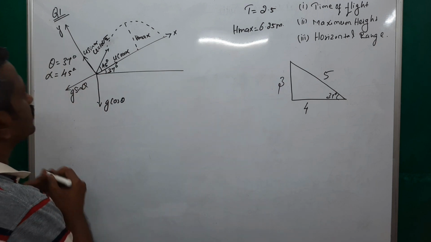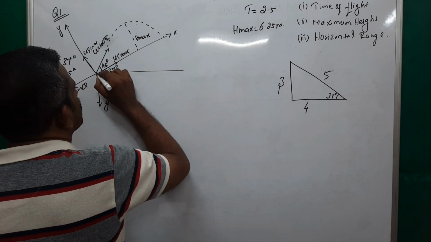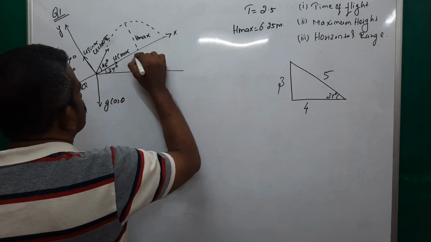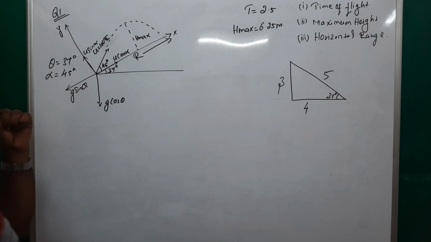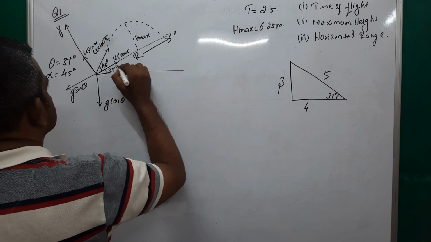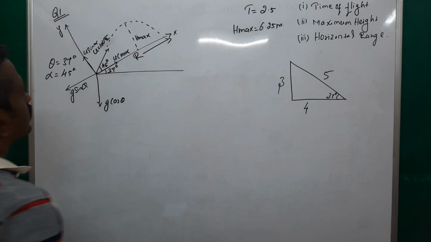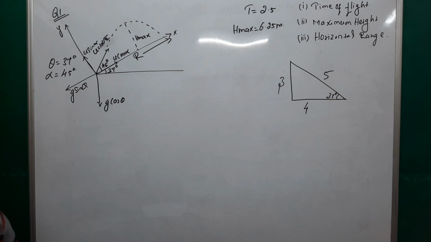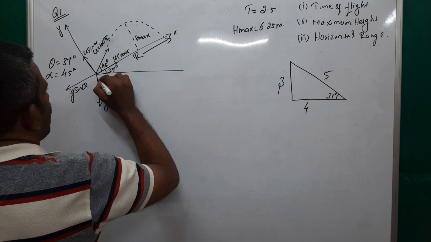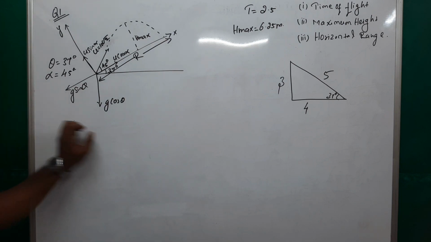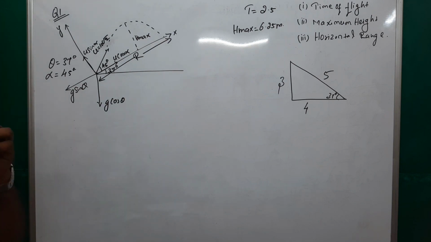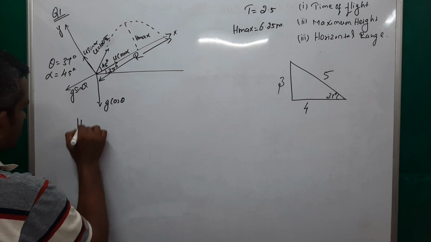This distance gives the horizontal range.